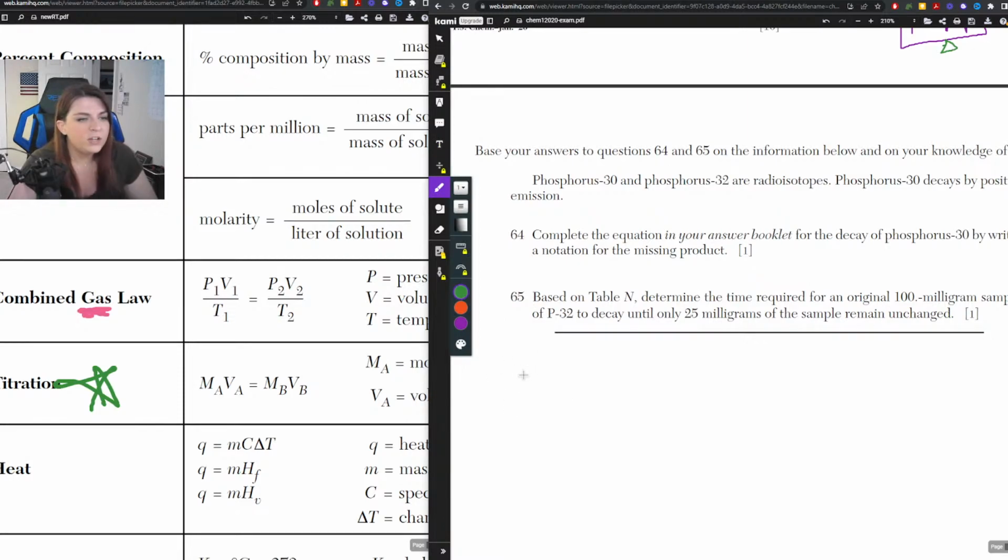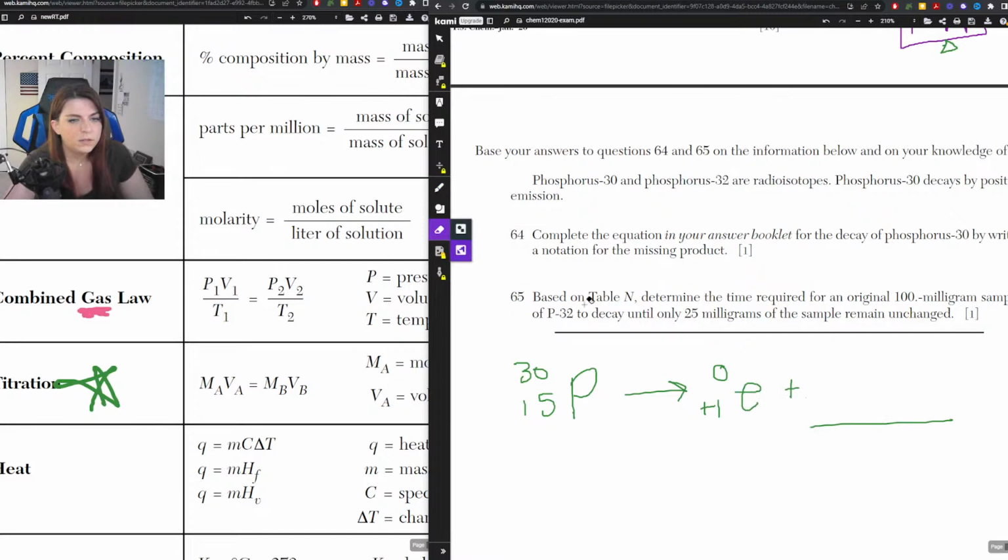So they provide you with 30 over 15 P yields a positron plus blank. Kind of looks like an H. Okay, so when you do this, my recommendation is to set it up like little baby algebra.